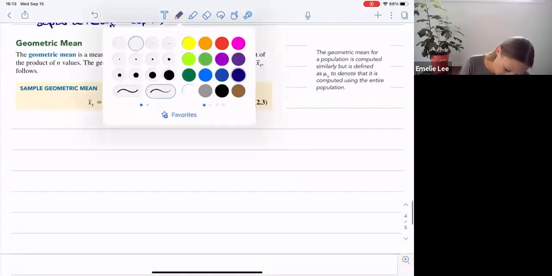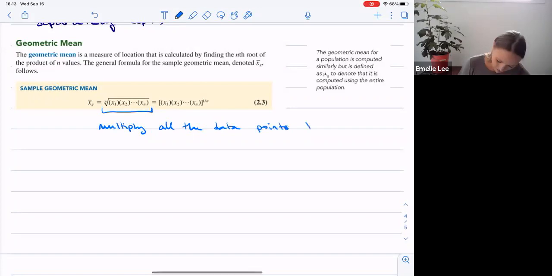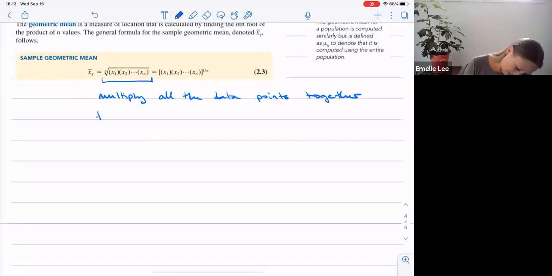And so just to clarify what's going on here, we multiply all the data points together, then take the nth root, right?